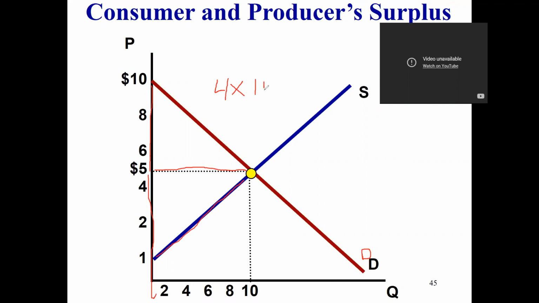But remember, it's 1/2 base times height. So 40 divided by 2 is going to give you 20. Now you had consumer surplus of 25, producer surplus of 20. And if you added them both up, that would be total surplus, which would be 45. Any questions on that?